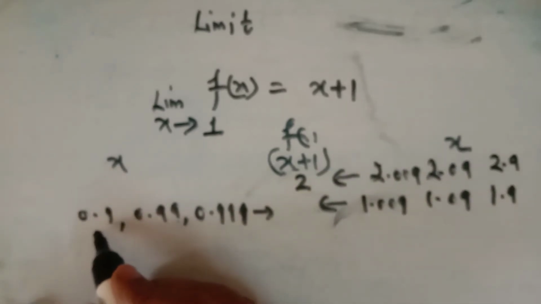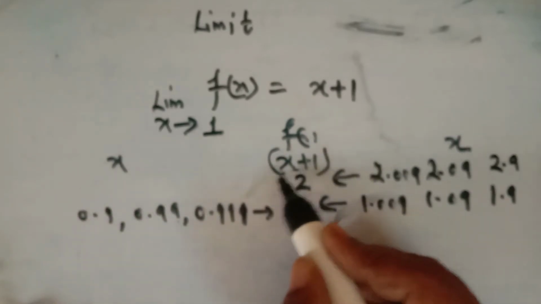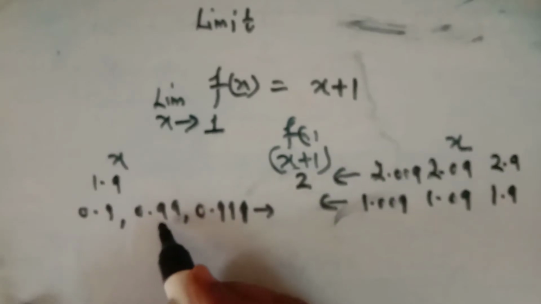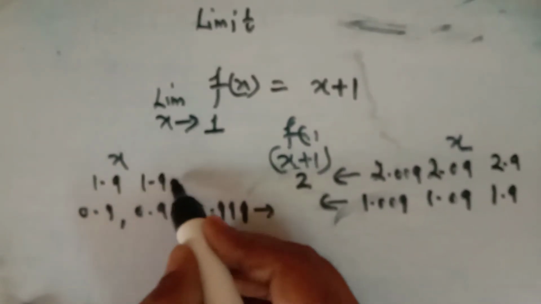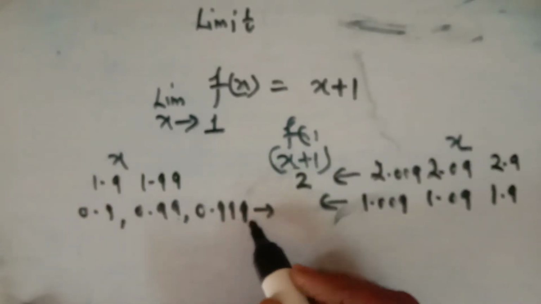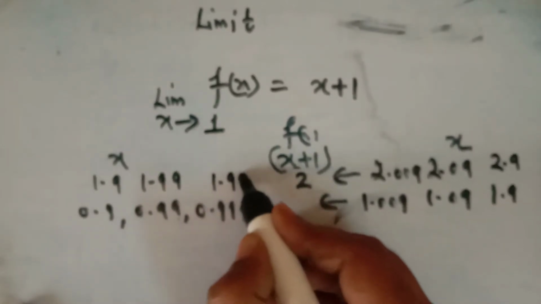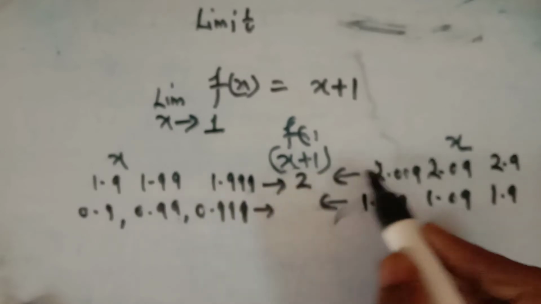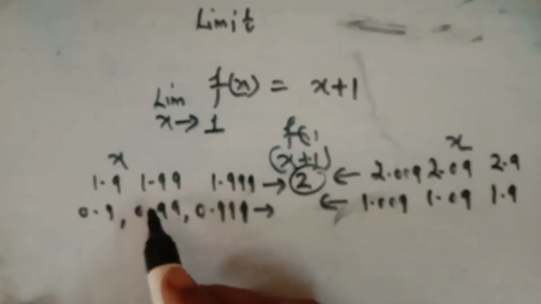Let us take the smaller values of x, that is 0.9. When it is 0.9, the value of f(x) will be 1.9. When it is 0.99, it will be 1.99. When it is 0.999, it will be 1.999. That is approaching 2. So this is known as the limit.